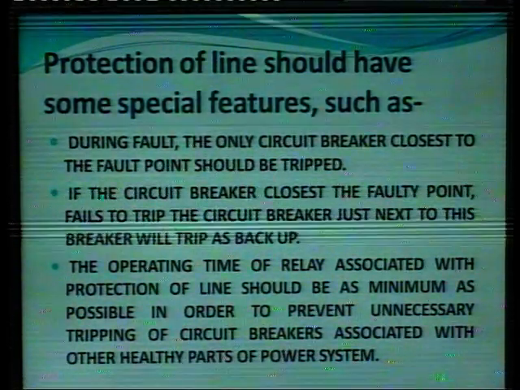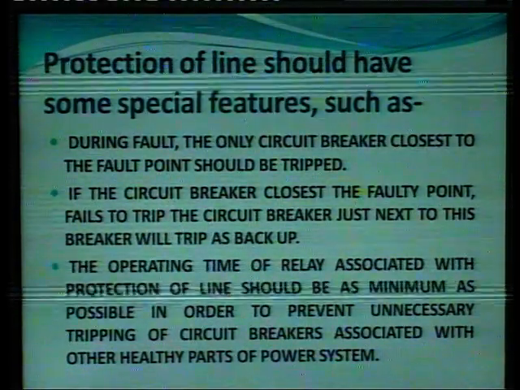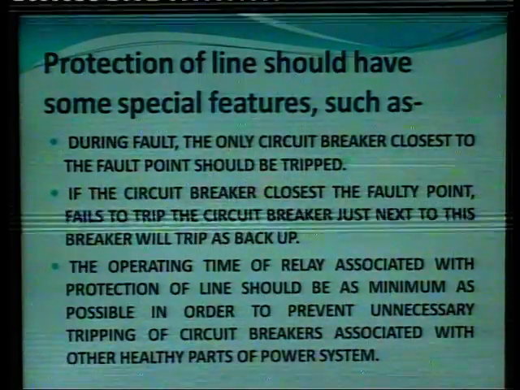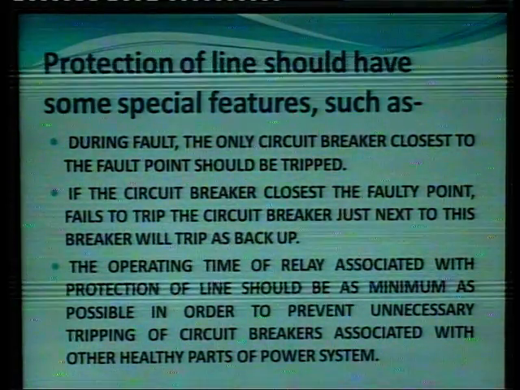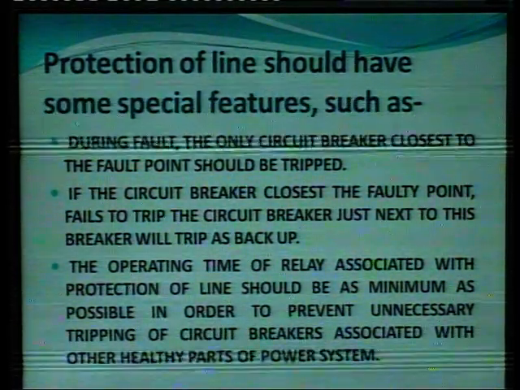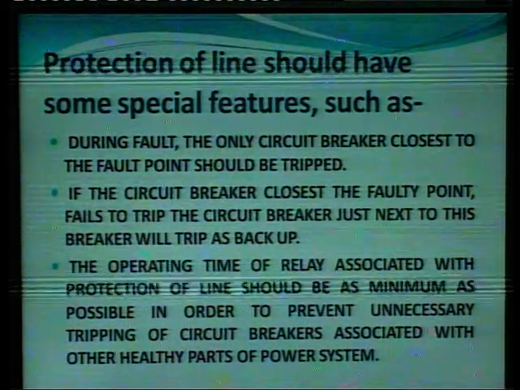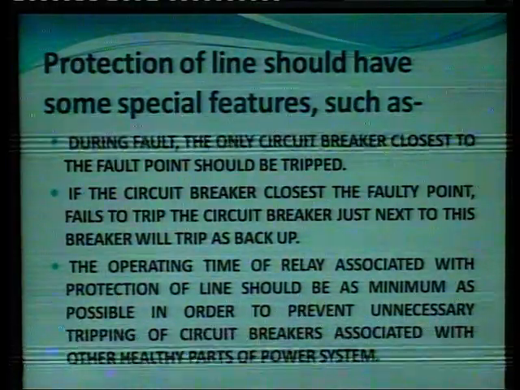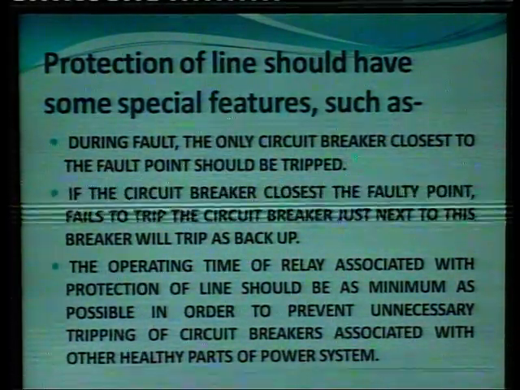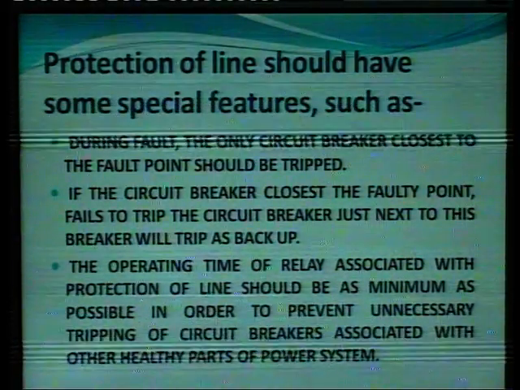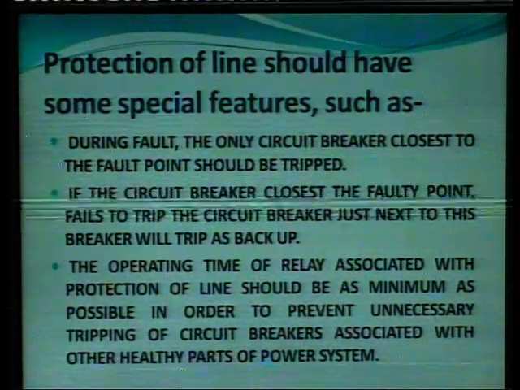So this protection of lines must have some special features. During the fault, only the circuit breaker closest to the fault point should be tripped. If the circuit breaker closest to the fault point fails to trip, then the circuit breaker just next to this breaker will trip as a backup.